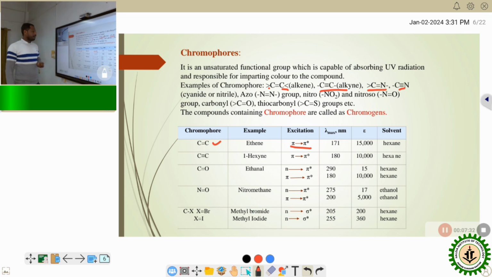But in the case of a carbonyl or NO group, a pi to pi star transition takes place as well as an n to pi star transition. So this is the chromophore.